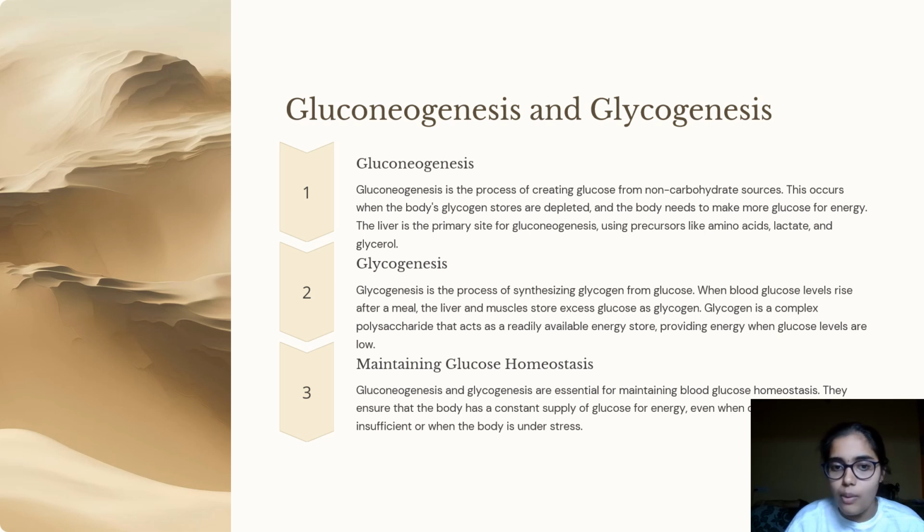Glycogen is a complex polysaccharide that acts as a readily available energy store, providing energy when glucose levels are low. Third is maintaining glucose homeostasis. Gluconeogenesis and glycogenesis are essential for maintaining blood glucose homeostasis. They ensure that the body has a constant supply of glucose for energy.